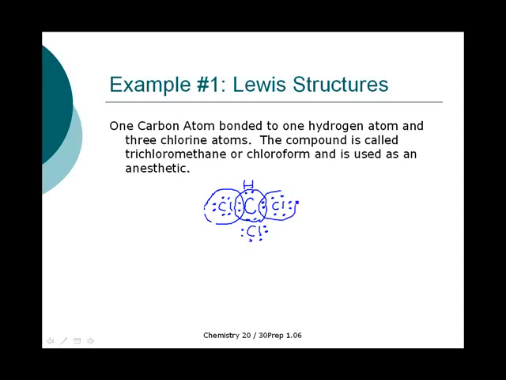This chlorine has 8 electrons, and this chlorine has 8 electrons. So notice that the electrons around the carbon are being counted twice in terms of valence energy levels. Hydrogen can get away with having 2 electrons in its valence because it only has that first energy level. So electrons can be counted more than once in terms of whether they fill an atom's valence energy level.